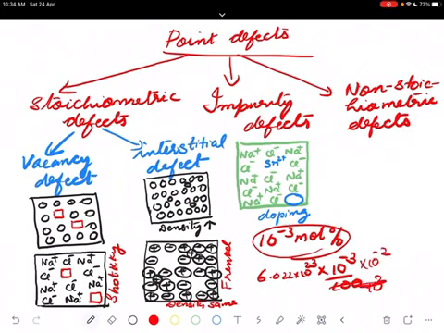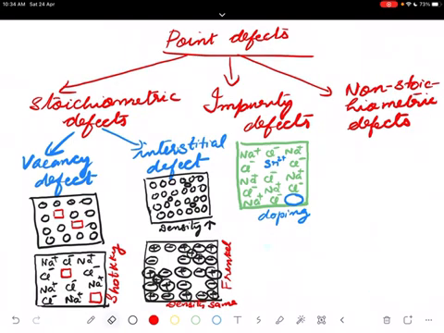So it will be 6.022 into 10 to the power 18. These many vacancies will be created, because how many Sr2+ you are adding, those many vacancies will be created. Suppose 2 Sr2+ are present in this crystal, then 2 vacancies will be created. Vacancies will change the physical properties of the crystal.